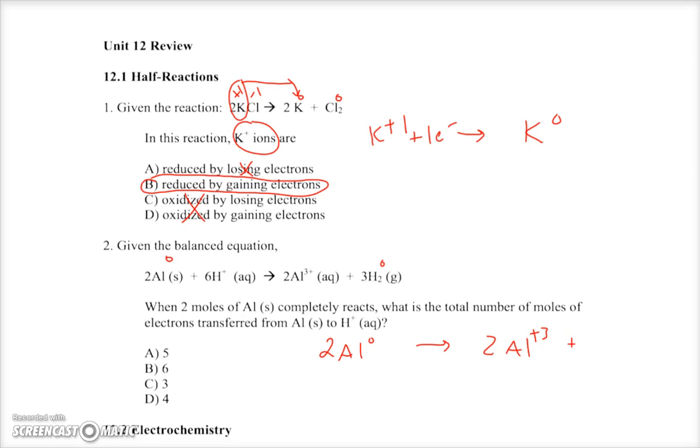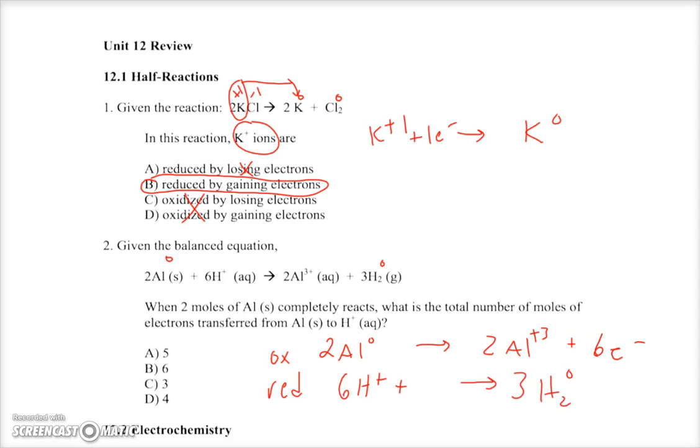Now, what do we have here? Each aluminum is losing 3 electrons. From a 0 up to a +3, that's 3 electrons. But since there are 2 aluminum atoms to begin with, and each aluminum is losing 3 electrons, therefore there are 6 electrons total being lost. If we then do the half reaction for the reduction, we are going to start with the 6 H pluses. It's going to be reduction, so your electrons are going to go here.